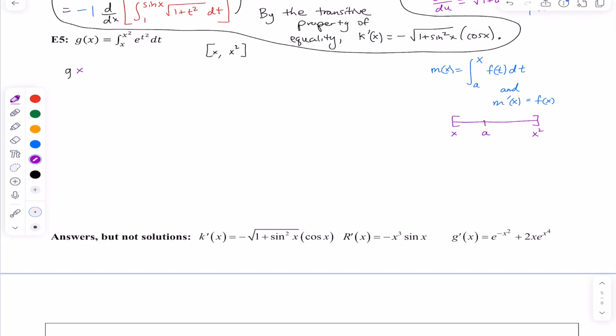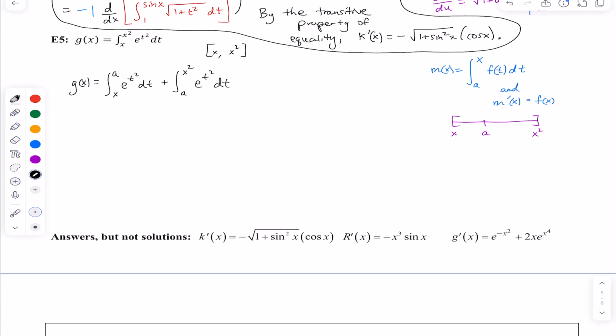What does that do to g of x? It allows you to use properties of integrals. And we're going to place the other interval from a to x squared. And we get something like that.